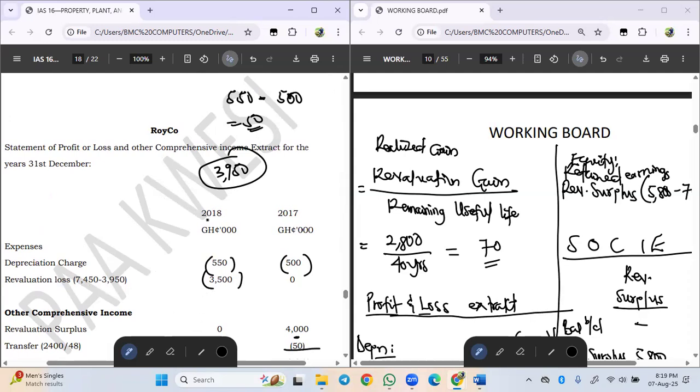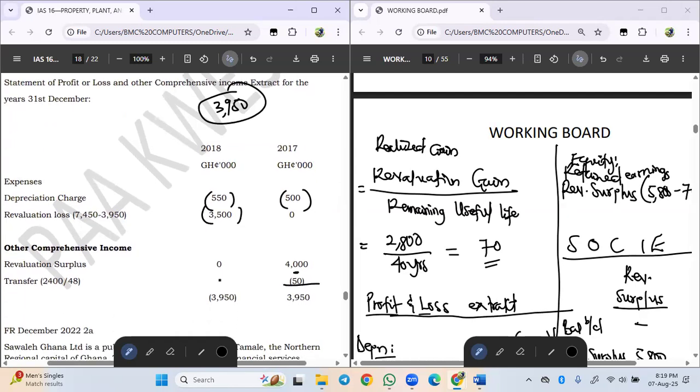In a subsequent year, say 2019, if we have a revaluation gain higher than this 3,500, let's say 4,000, you come to the P&L and credit the P&L by 3,500 to cancel the revaluation loss here from the P&L. Then the excess of 500 will go to the revaluation surplus.